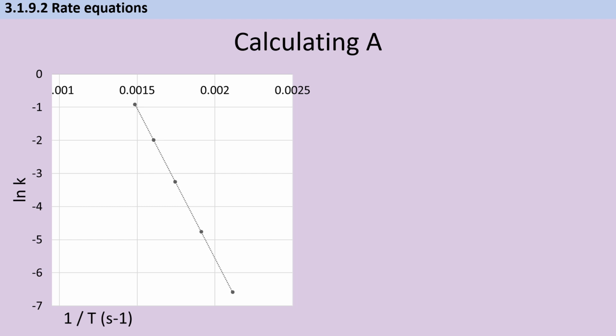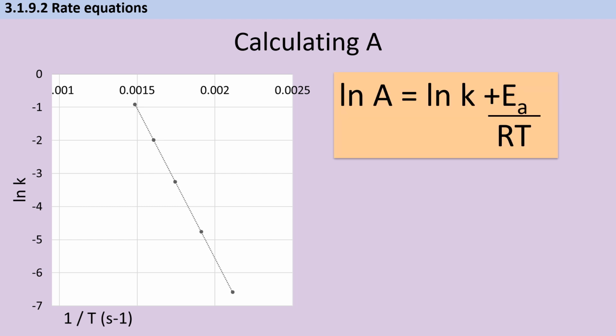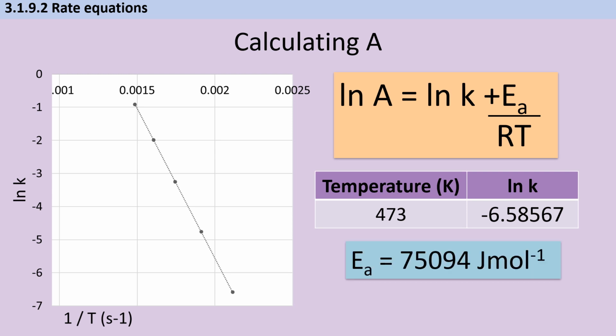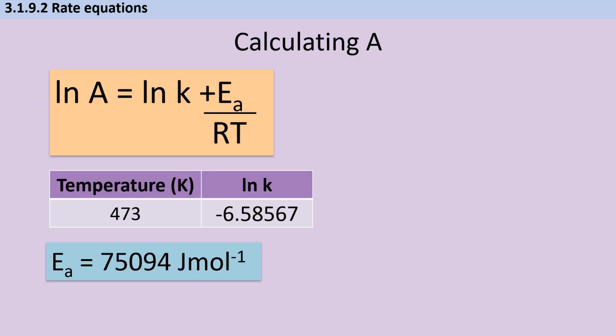It is possible to calculate a value for the Arrhenius constant graphically, but it's much more likely that you'll calculate the activation energy graphically and then go back to numerical calculations for A. So we know that the natural log of A is the natural log of k plus the activation energy divided by RT. And so we can go back to the data that we have in the data table and the value of the activation energy that you just calculated.